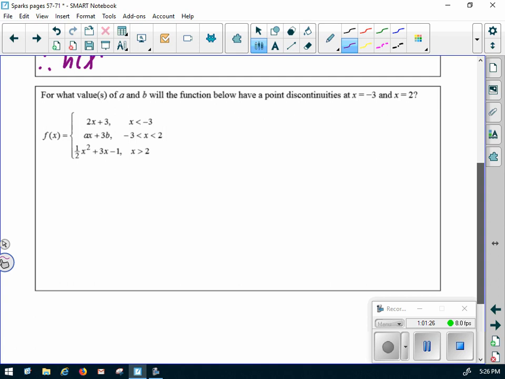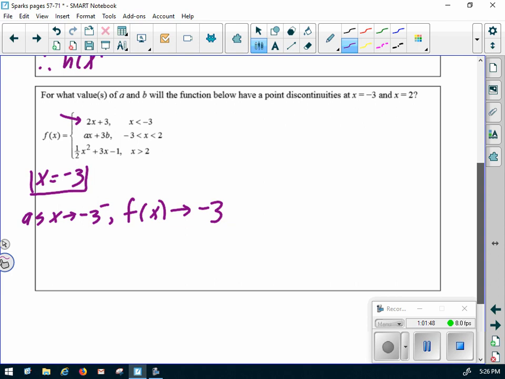So let's start with x equals -3. As x approaches -3 from the left, f of x is going to approach, now -3 from the left, I'm going to have to use this one. 2 times -3 is -6, plus 3 is -3. As x approaches -3 from the right, f of x approaches, now I have to use this one.